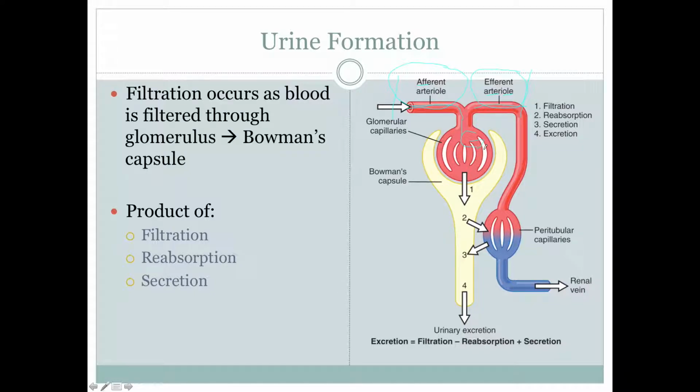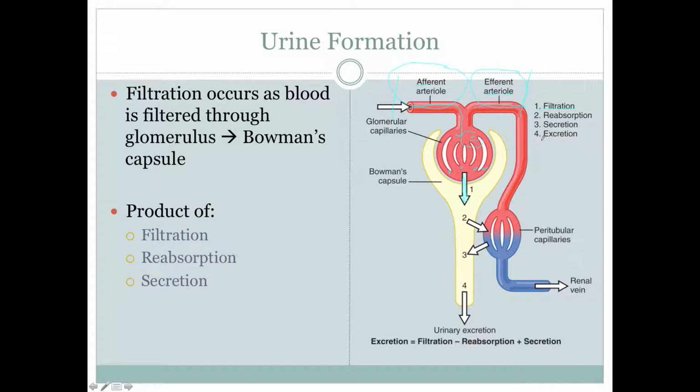Here's our glomerulus, which is filled with little fenestrated holes. That's it. So this is the first process, glomerular filtration, and it's really just a simple process where anything that's small enough to make it through this hole will then enter Bowman's capsule and then traverse through the renal tubule where it's further acted upon.